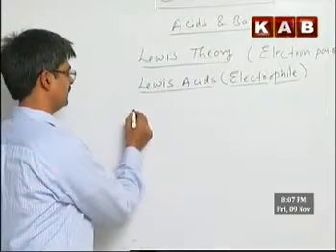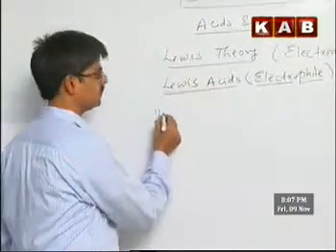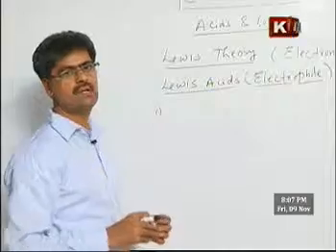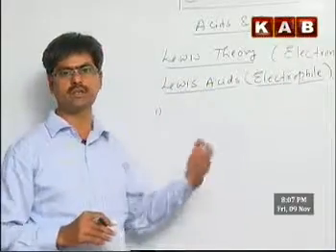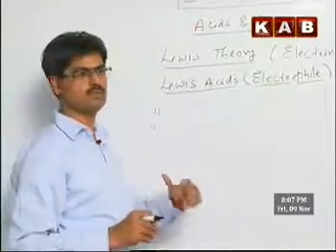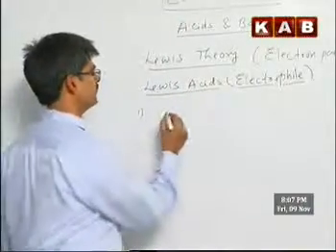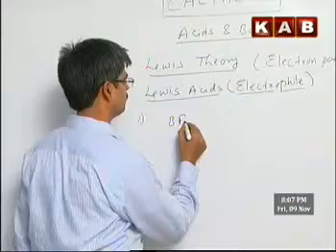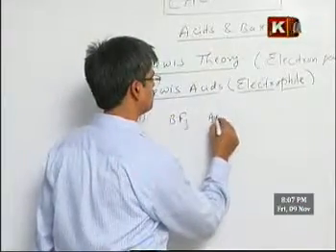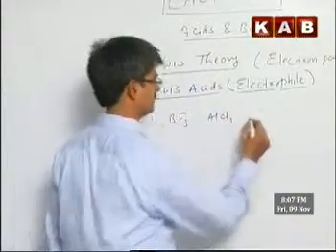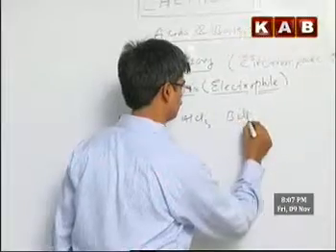The first set of examples are some neutral molecules wherein we have a smaller number of electrons around the central atom, that is, less than the octet. For example, BF3, boron trifluoride, AlCl3, aluminum chloride, and BCl3, boron trichloride.